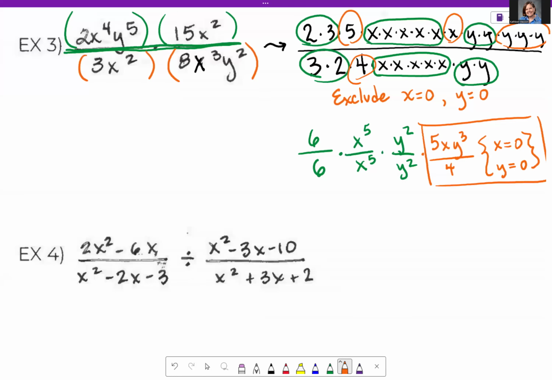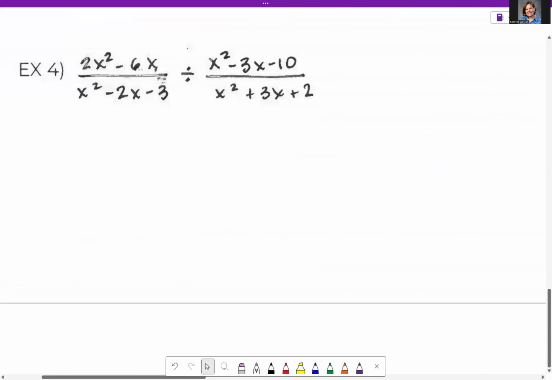When I have rational expressions that are divided, I'll still factor them. I'll still look for as many ones as I can compose.